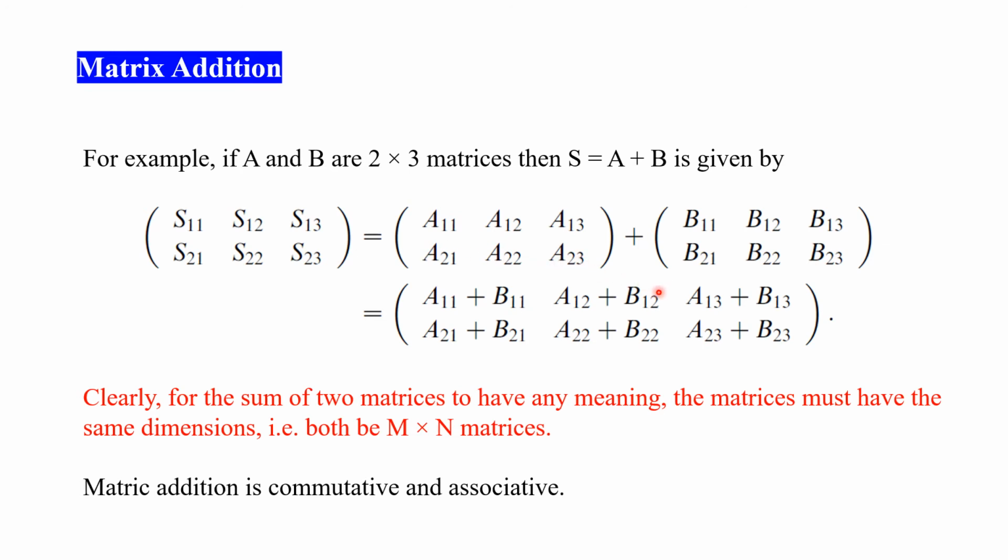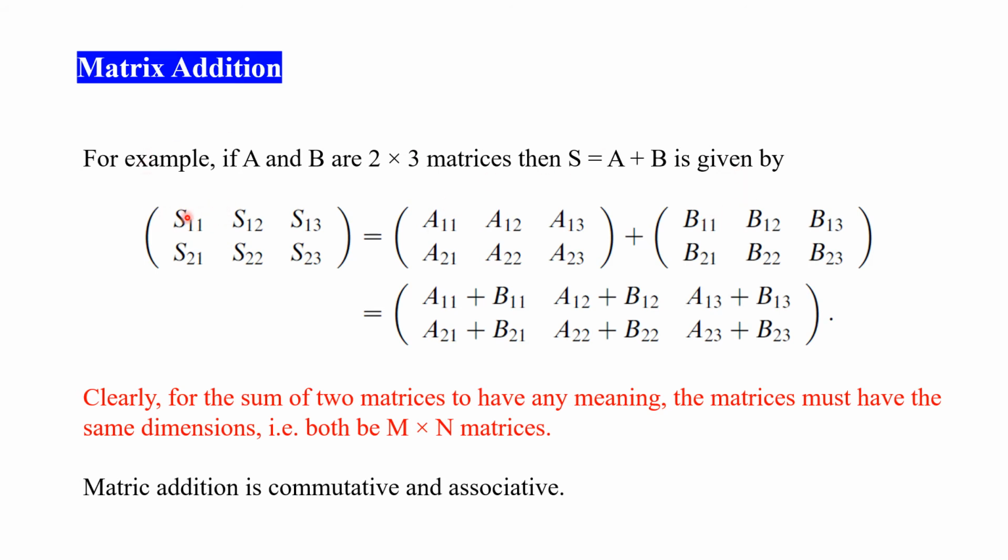And for your matrix B, you have B11, B12, B13, B21, B22, and B23. So we're going to add your two matrices A and B to obtain your matrix S.